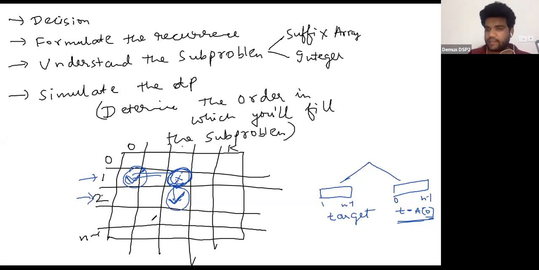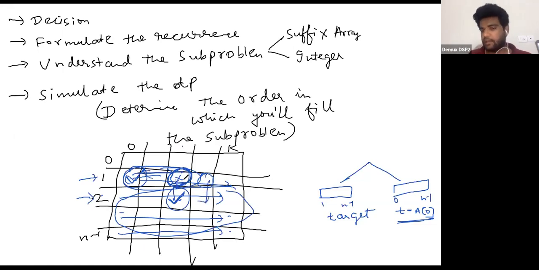You could fill it row wise. You could fill it in this order. From here to here, then from here to here, then from here to here, then from here to here. So that will ensure that when you are at a given i, you have filled all this and you have filled all this. So you will have those two values readily available to use.